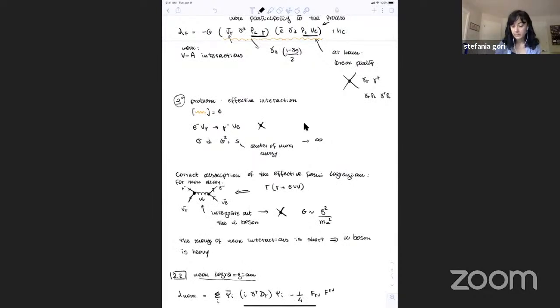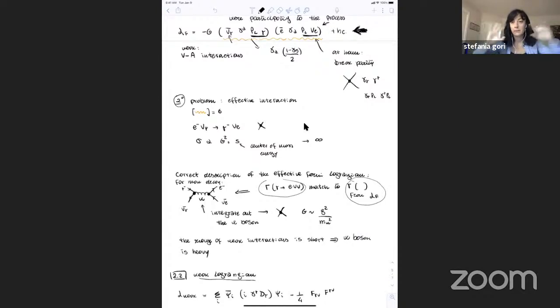Now, what we can do is to match this width to the width that we would obtain from the Fermi Lagrangian that we saw above here, where I'm putting the arrow. In the sense that you can do this calculation from the Feynman diagram, but you can also calculate the width simply starting from this 4-fermion Lagrangian, okay?